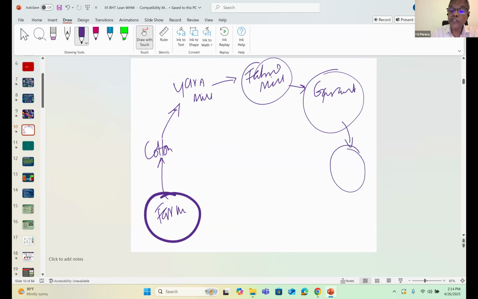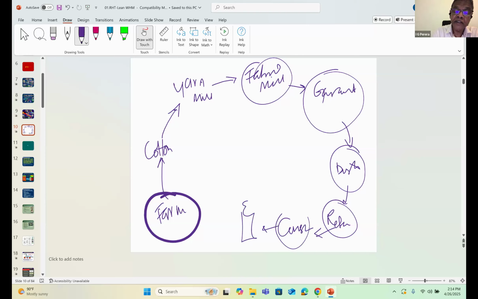Garments are distributed to the distributor, who distributes to retailers. From the retailers, consumers buy. Then consumers generate garbage and put it in the garbage bin, and from the garbage bin it is added back to nature. So nature is producing cotton in the farm.